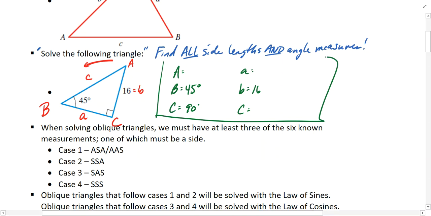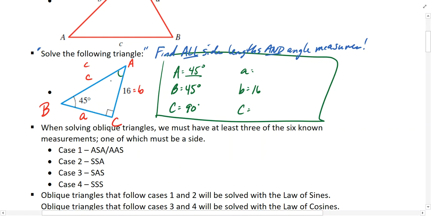In this case, there are 2 angle measures and 1 side length that are provided. So solving for the third angle measure is quite easy. The sum of these 3 must be 180 degrees. And if 90 degrees is associated with angle C and 45 for angle B, then it stands to reason that angle A is also 45 degrees.